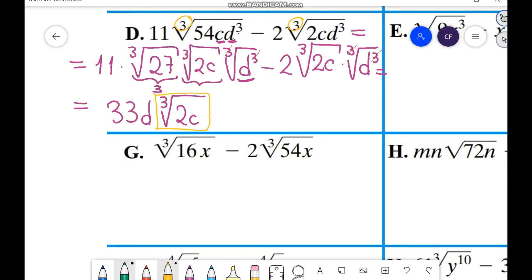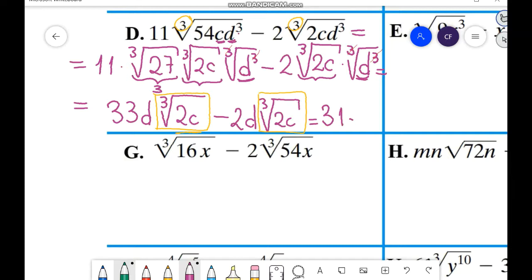Let's check the other term, minus 2 times the cube root of D cubed, which is D, and yes, this is the cube root of 2C, the same as that. So this is the like radical. 33D minus 2D, 31D cube root of 2C. That is the right answer.